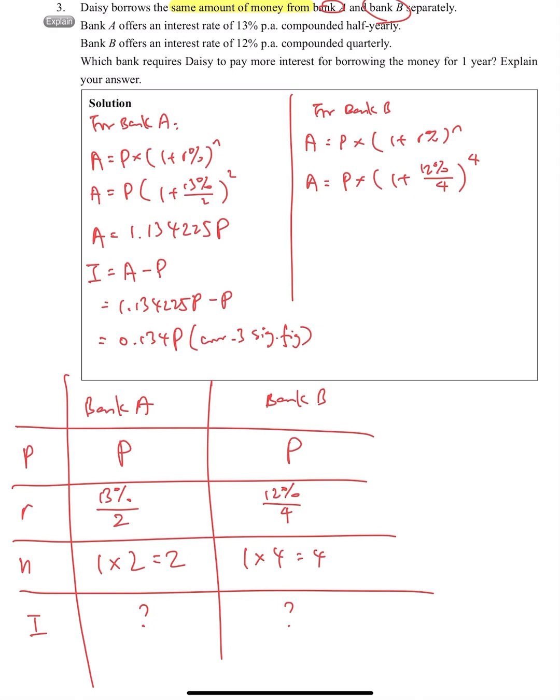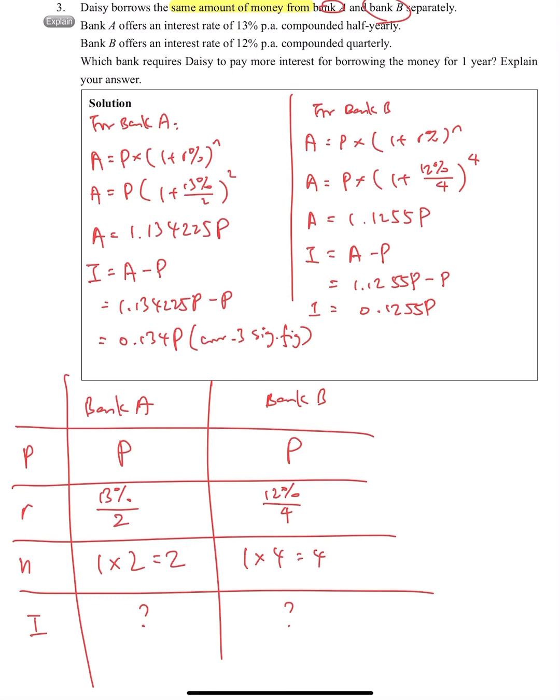Using the calculator, the amount is going to be equal to 1.1255P, so by using I equal to A minus P, it is 1.1255P minus P, giving you 0.1255P.